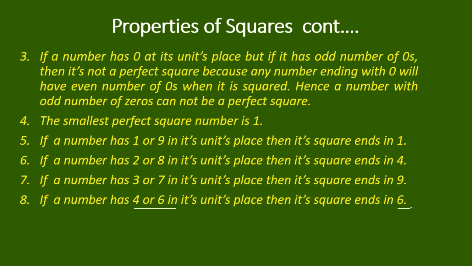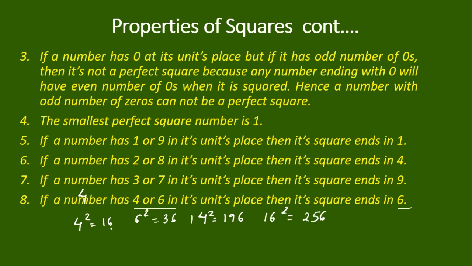To see this property, let's consider 4 square. 4 square is equal to 16, and 6 square is equal to 36. Similarly, 14 square is equal to 196, and 16 square is equal to 256.